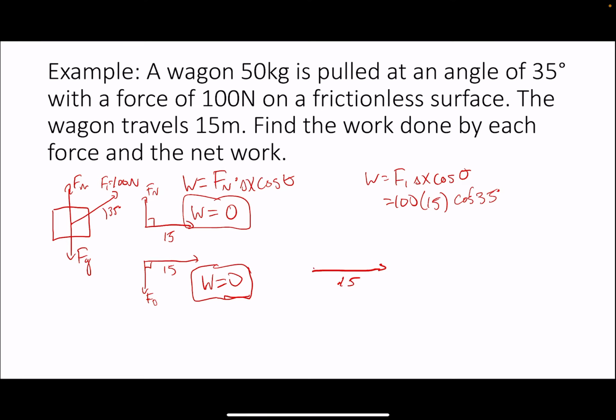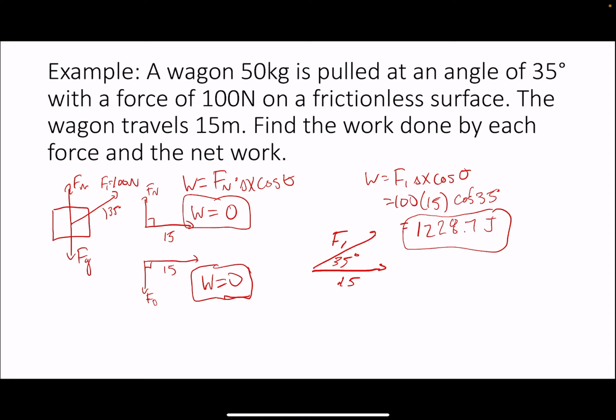And my angle of the force is at a 35-degree angle above the horizontal. Okay, that looks like it's 35 degrees between the two, right? So therefore, it is cosine 35. So then we can type it in, 100 times 15 times cosine 35. And we get a big number here. That's fine. We have bigger numbers than the last time, so we're going to get a bigger number. That's the work done.